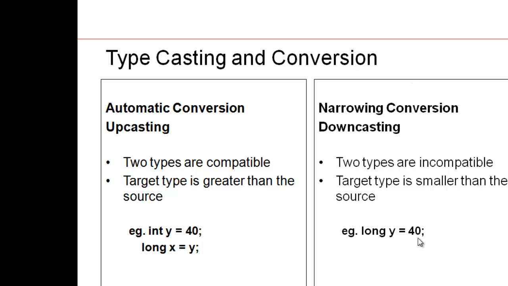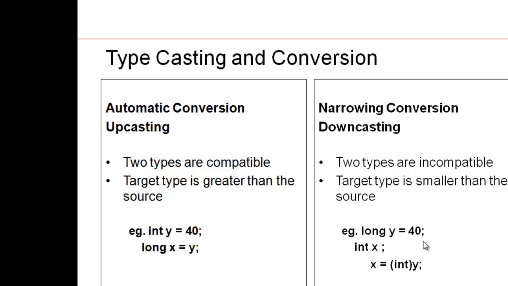Suppose I am having a long variable. I want to convert it into int. Is it possible? Long is of 64 bits, int is of 32 bits. You are trying to accommodate a bigger value into a smaller value, which is not possible. So it will give you a compiler error. What you need to do is, you need to add the data type to which you want to convert in front of the variable.